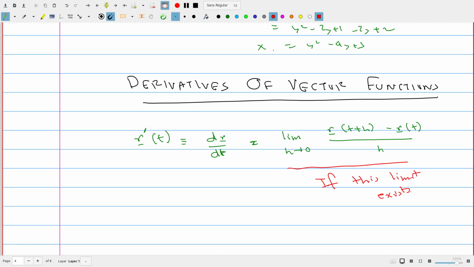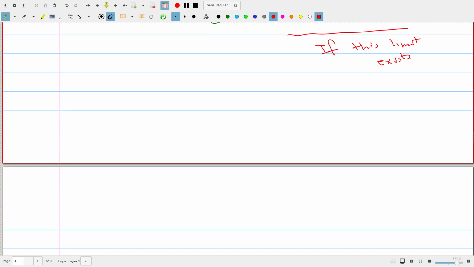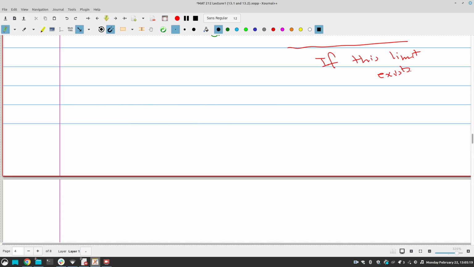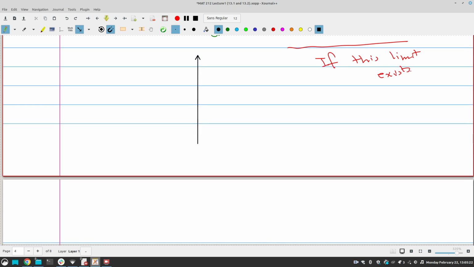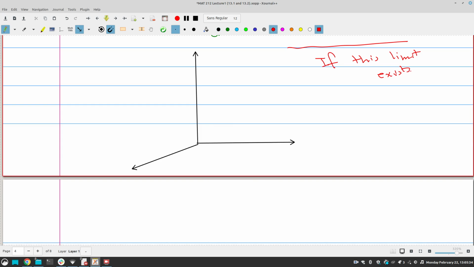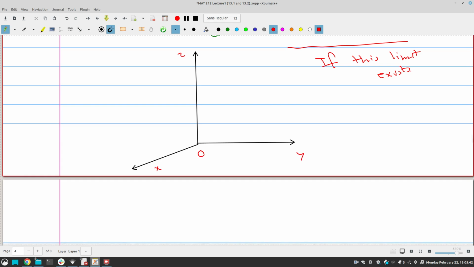Let's go back to space curves. Let's plot a space curve. This is the Z, X, Y, 0 axes. And so let's plot this space curve.